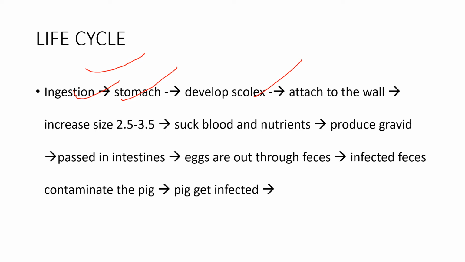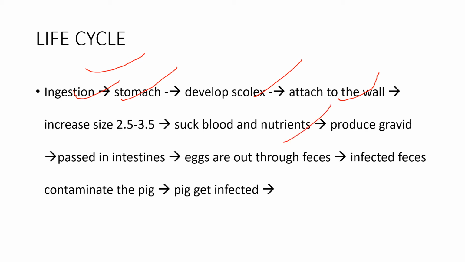Scolex means there will be development of various kinds of teeth, so that they can suck the blood from the body. With the help of the scolex, the tapeworm attaches to the wall. When they start attaching to the wall, their size increases, because they suck the blood and nutrients from the body.